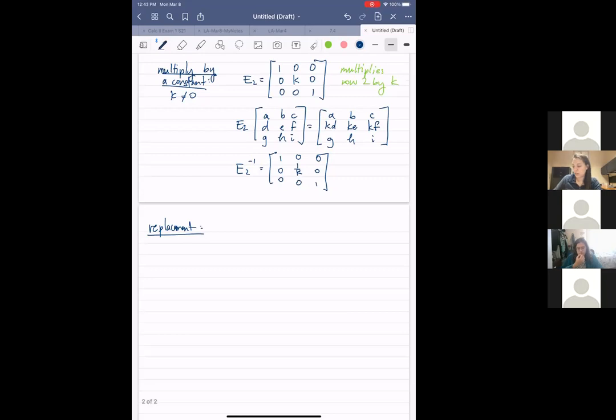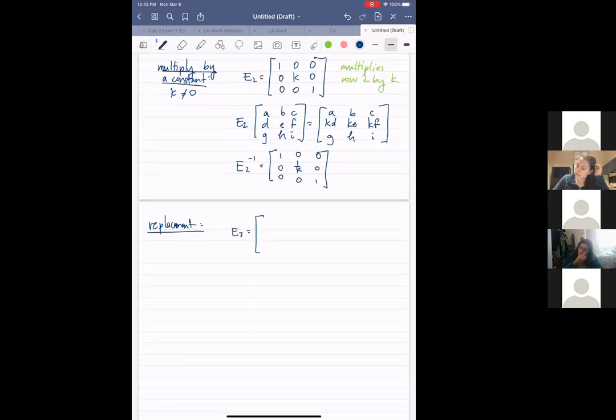So this is our third elementary row operation. If we wanted to replace row 2 with row 2 plus k times row 3, we would have this k, which occurs in the second row, third column, and that's going to achieve our replacement.